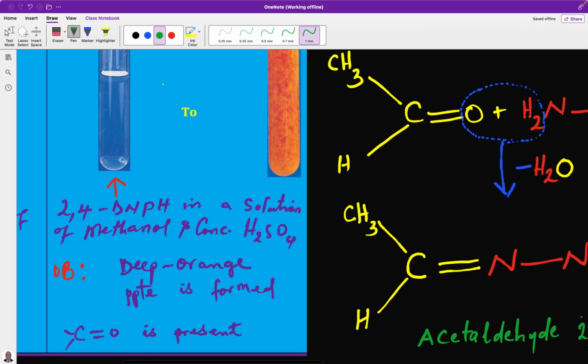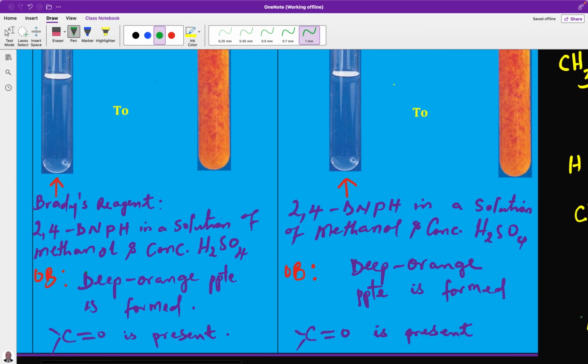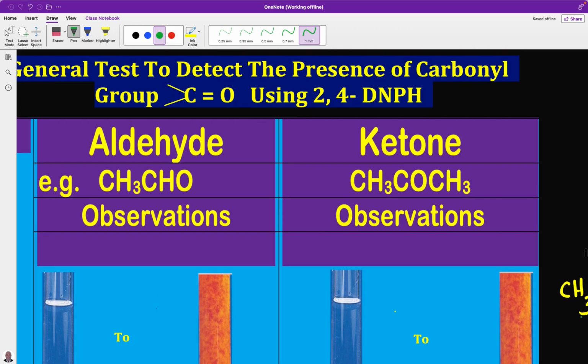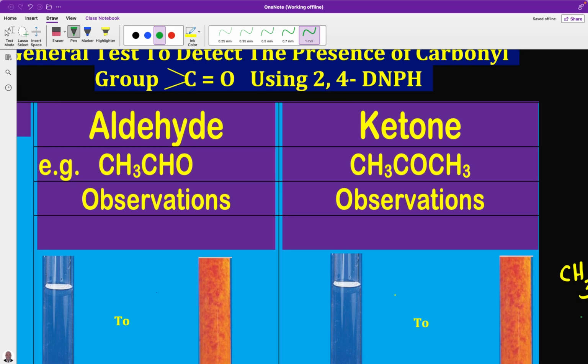Once more, we want to use the Brady reagent, which is 2,4-dinitrophenylhydrazine in a solution of methanol and a concentrated sulfuric acid.